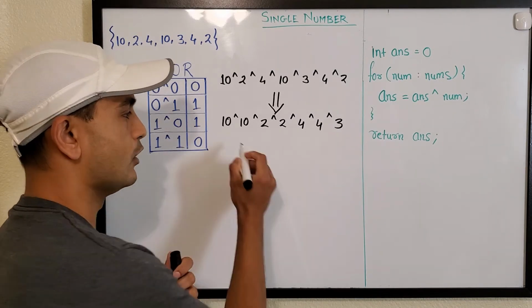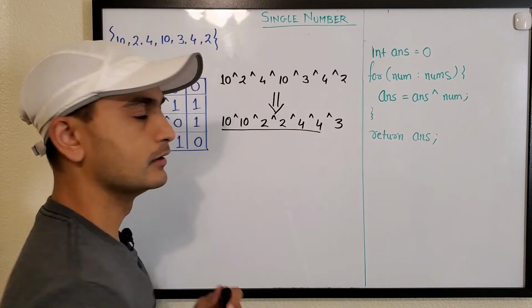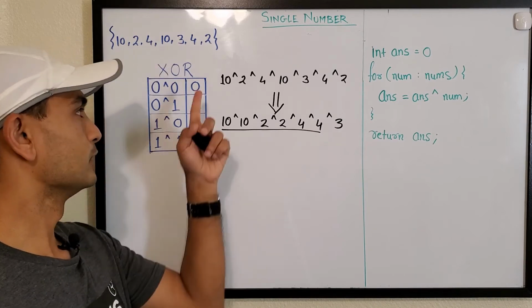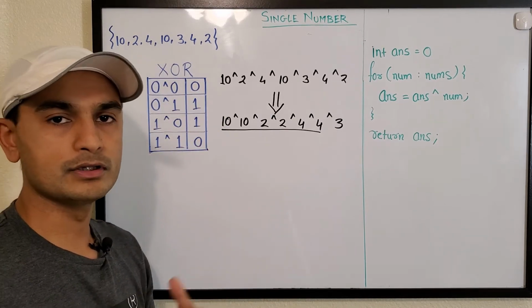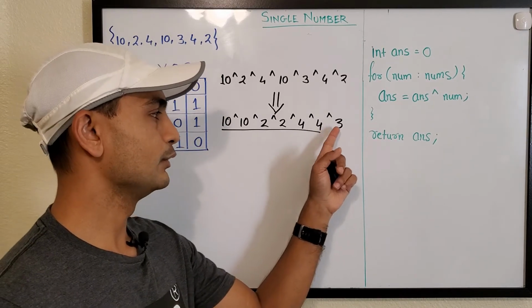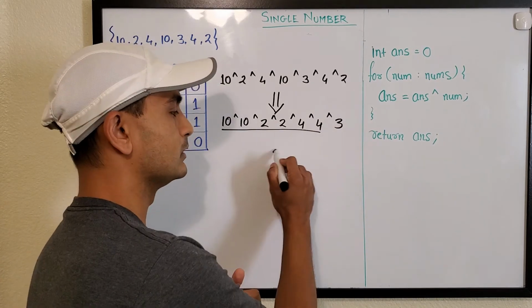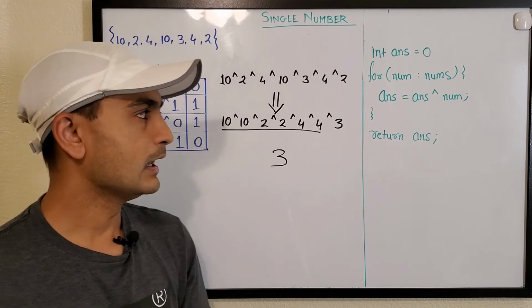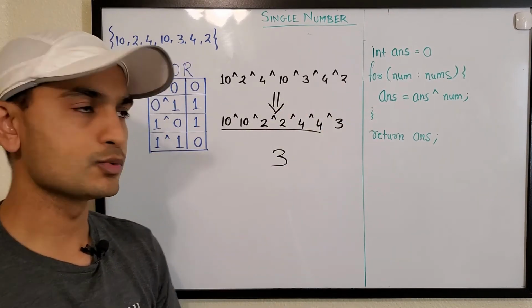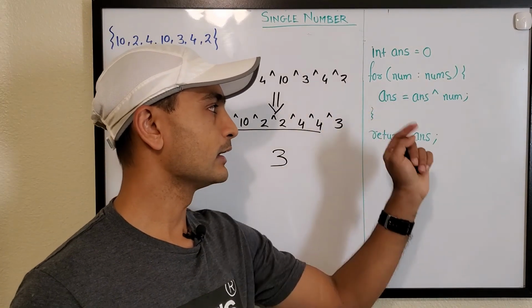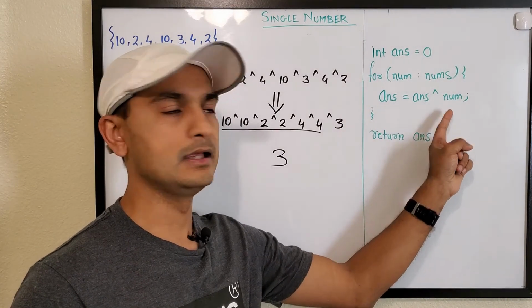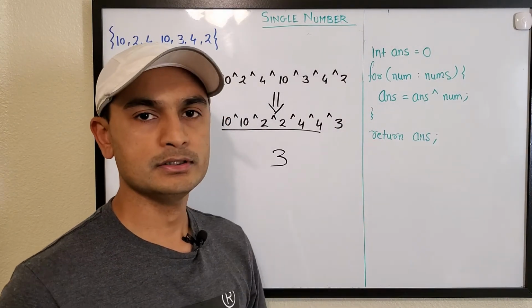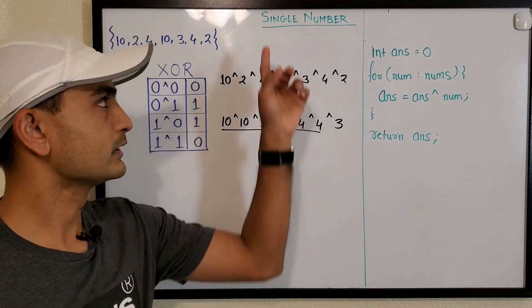All this will result in 0 because the same bits XOR to 0. And when we do 0 XOR 3, our output would be 3. So there you go, straightforward, simple approach. And our code is also short and sweet. Loop through the whole array and XOR each number and return the remaining number. So that's the approach for single number.